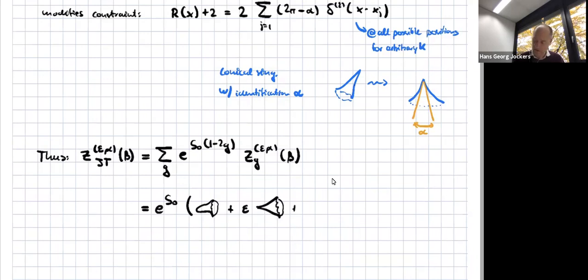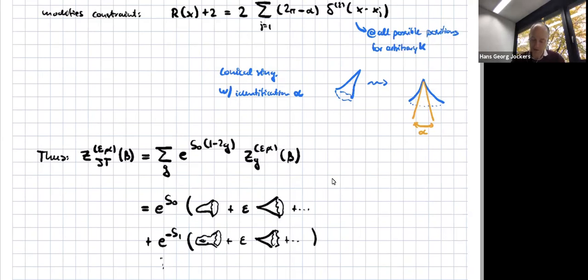And then at, say, genus 1, it keeps going like this. We have the standard genus 1 contribution. And then we start adding these defects here. And like this, okay?